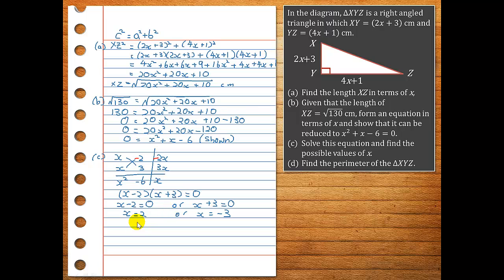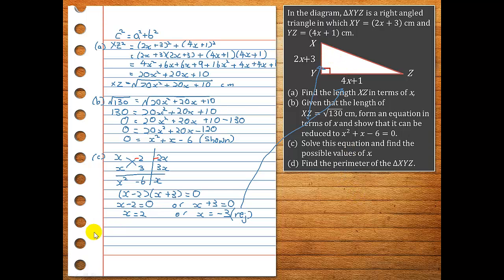Now, if we substitute 2 into these two lengths here, we will have positive length. If we substitute negative 3 into this length here, we will have negative 6 plus 3, which is negative 3. So, we shall reject this because length cannot be negative after substituting into these two sides here.